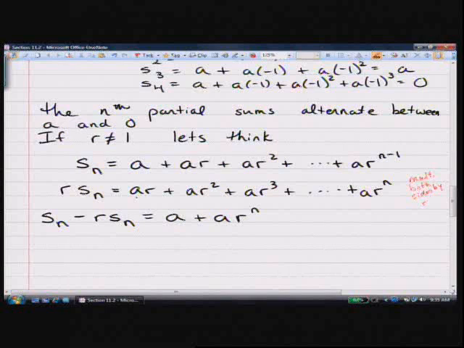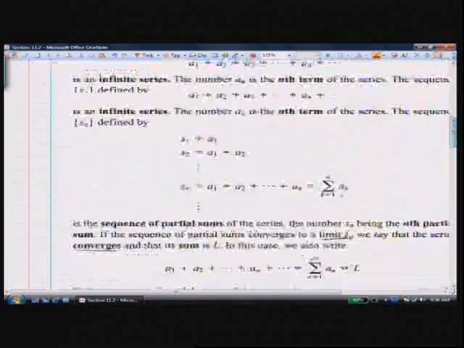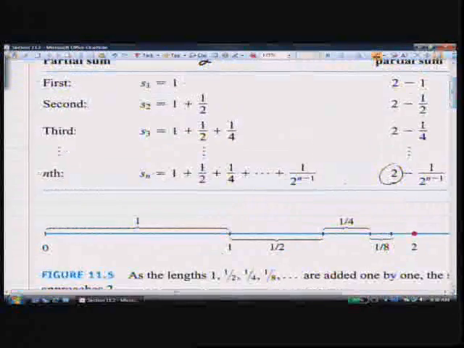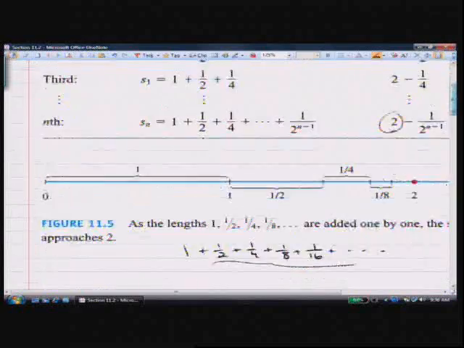Right? And the whole idea is I'm trying to find a pattern for the sum. Up here I gave you this one and showed you the pattern for the partial sum.